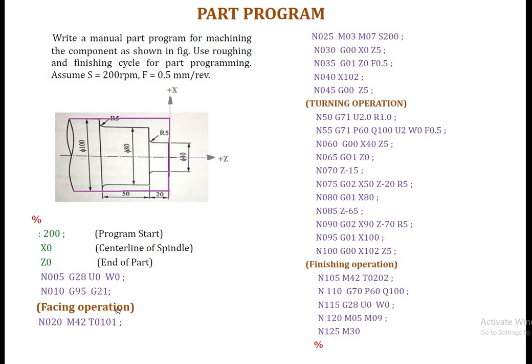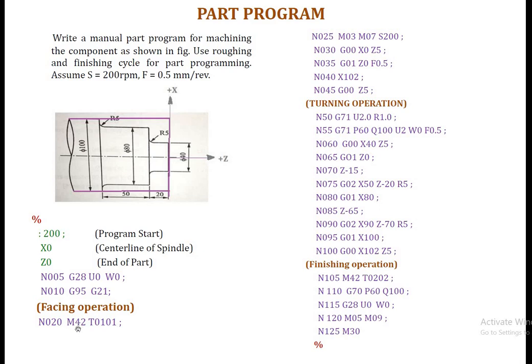Now we'll go for the facing operation. Remember that I have not used the facing canned cycle for this facing operation in this program. N020, M42, T0101. M42 represents the high speed range.